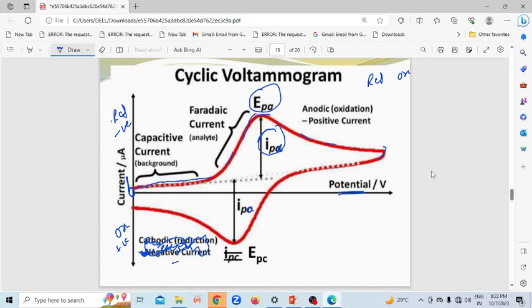Then if you change the direction of potential, suppose it is a redox reaction. Redox reaction means what?